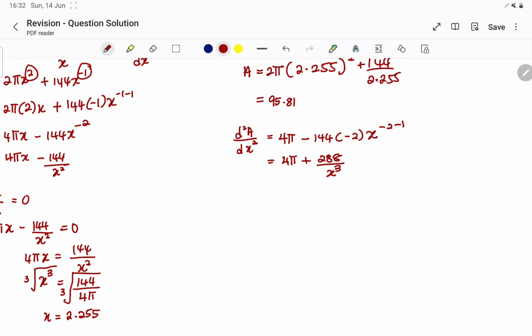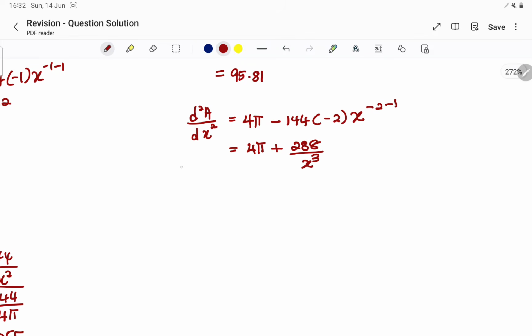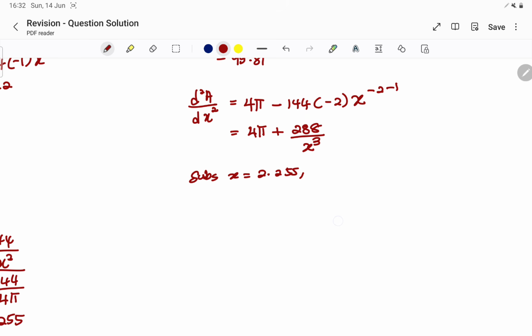Now what you have to do is substitute x equal to 2.255 into the second derivative.